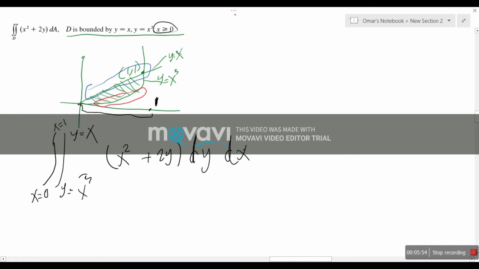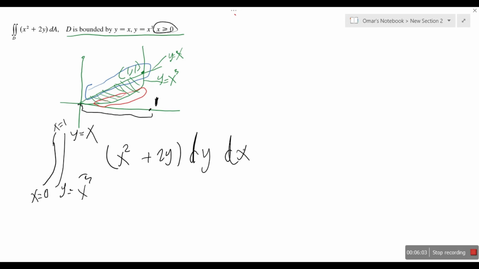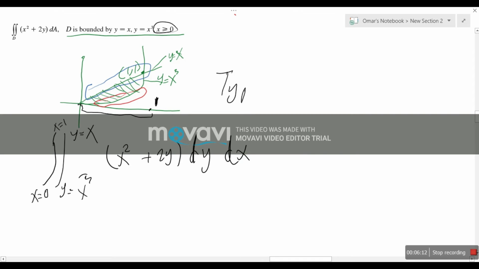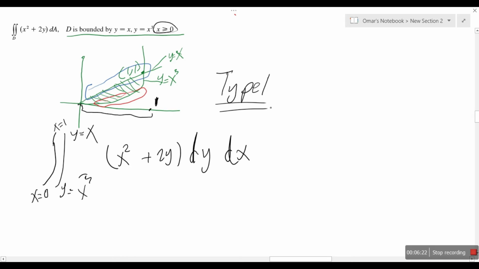We could flip those together, but it's going to be difficult in the end. So I will do this example with type 1, but the next one we will choose type 2, and it will be easier for that, and I will tell you why. Okay, just wait, calm down.